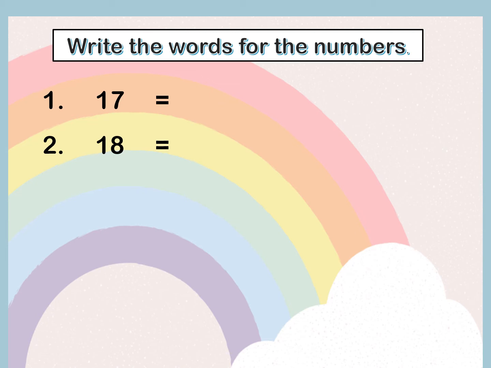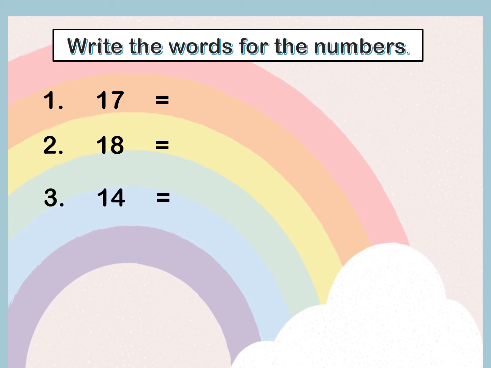For example, 17. 7, how do you spell 7? S-E-V-E-N. As I have said, just add teen, T-E-E-N. Same with number 2. You have to write 8 and then add T-E-E-N. Let's proceed to number 3.